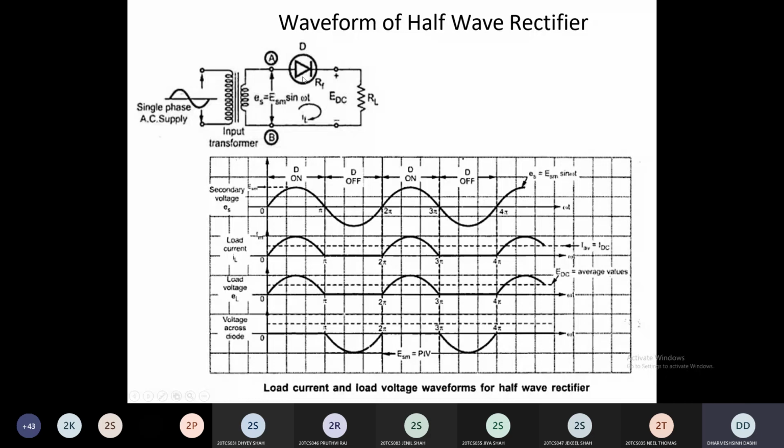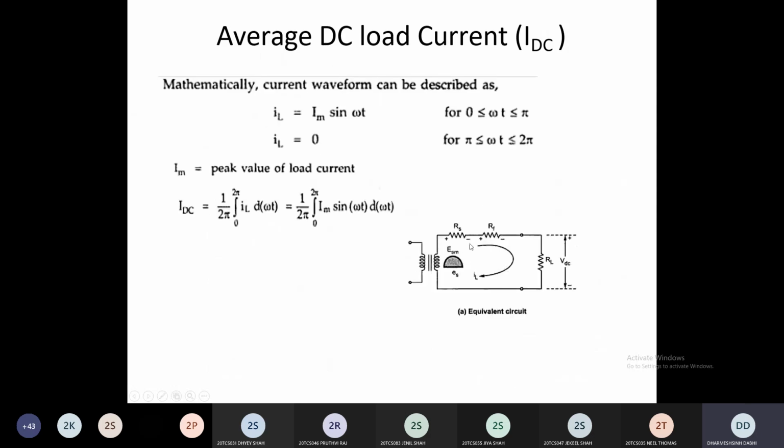An ideal diode has 0 internal resistance when it is conducting, and infinite resistance when it is not conducting, meaning during the reverse bias mode. But practically there is some internal resistance that we call Rf, the forward resistance of the diode.